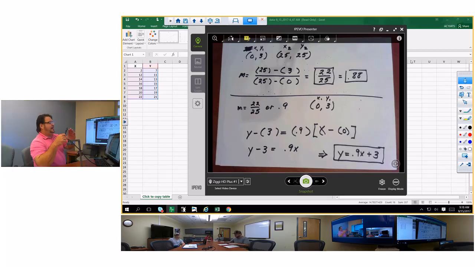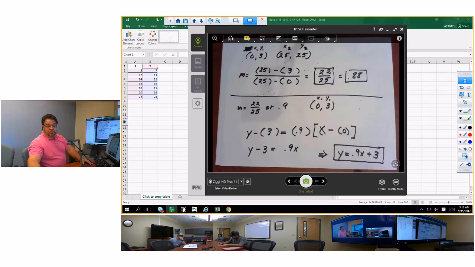Some of your lines may be a little bit this way. Some of you may be a little bit this way. But the whole point is, it's going to be very difficult for every person to get the same answer. Somebody may get y is equal to 0.85x plus 2.7. Somebody may get y is equal to 1.3x plus 4.